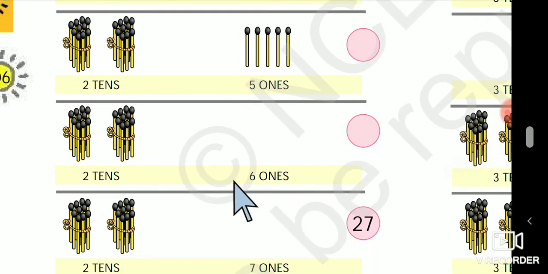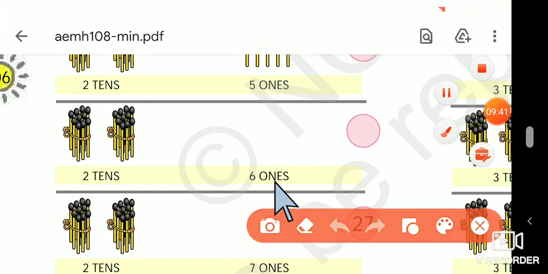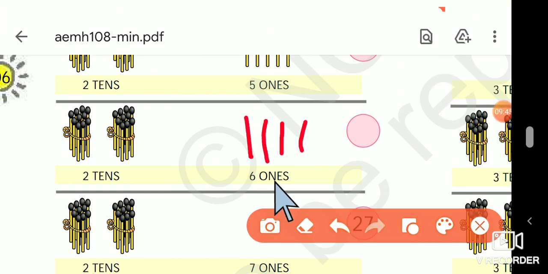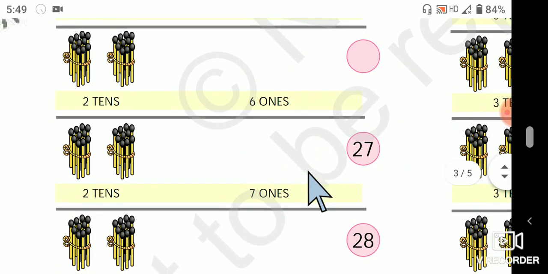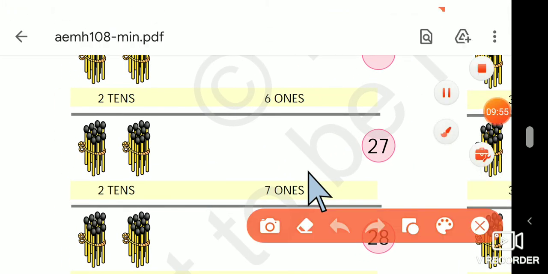Two tens and 6 ones. So draw the 6 matchsticks. 1, 2, 3, 4, 5, 6. 2 tens and 6 ones is equal to 26. 2 tens and 7 ones.